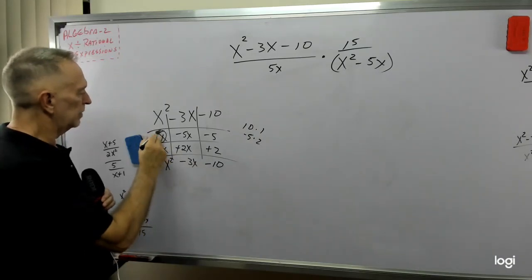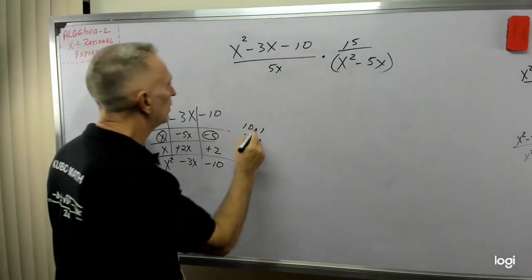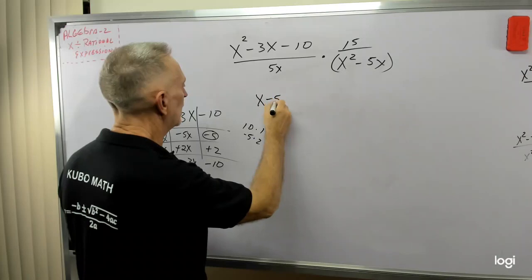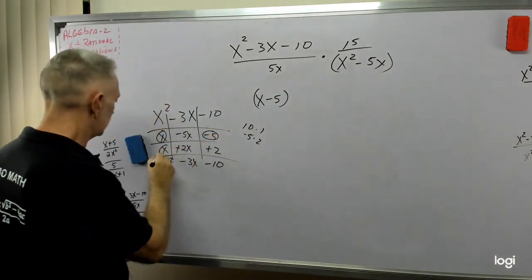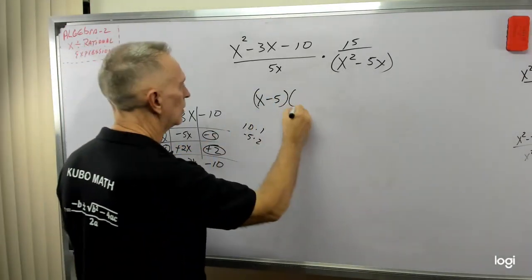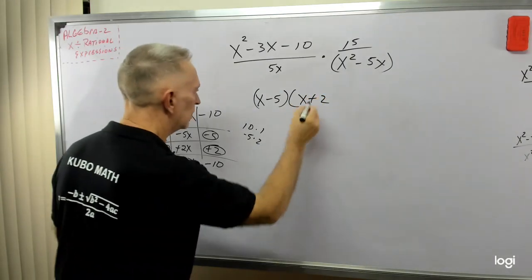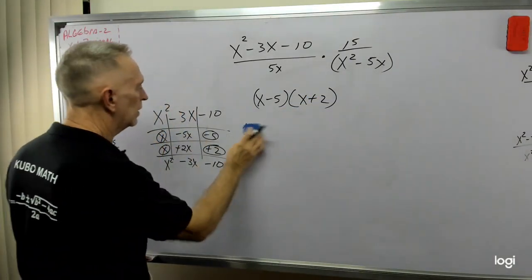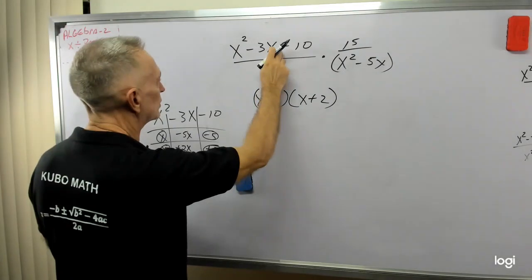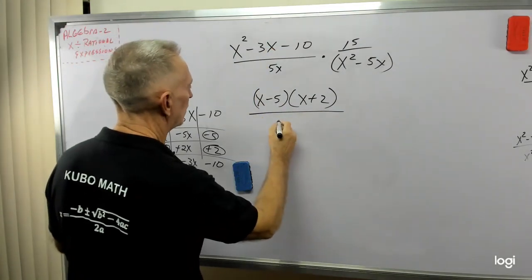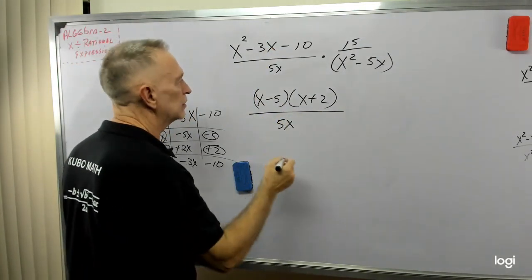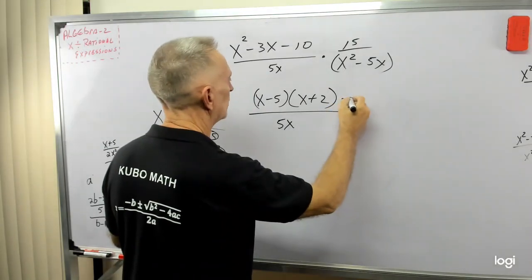So that gives me x minus 5 times x plus 2. That's the numerator. It's divided by 5x, and that's multiplied times 15.